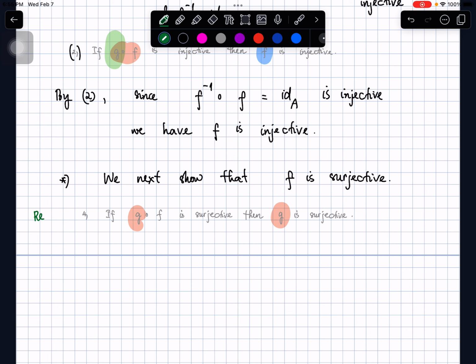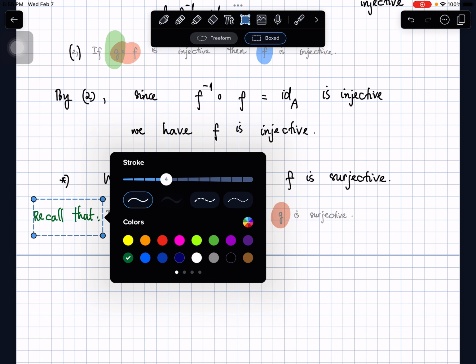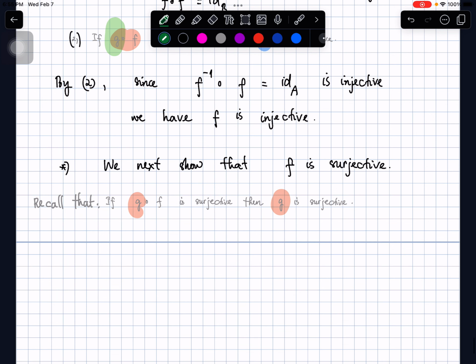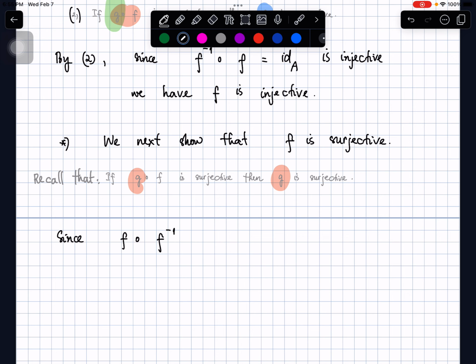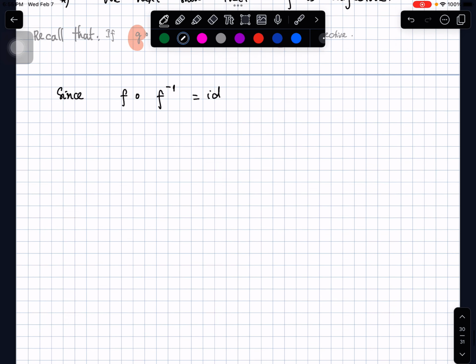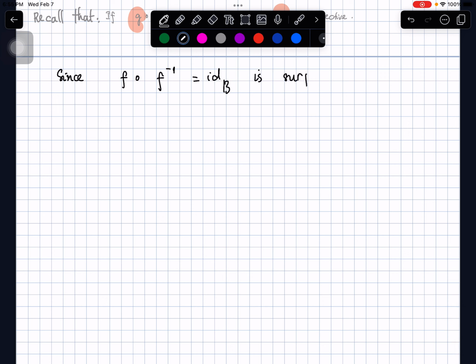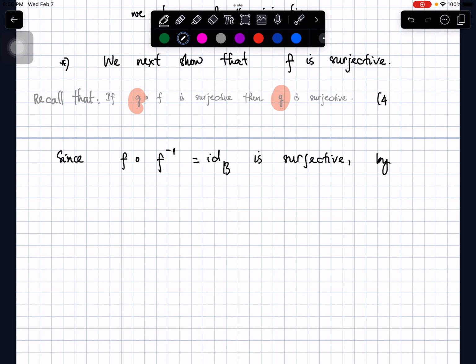So we recall that since f dot f inverse, the identity on B, is surjective by the theorem above, say theorem 4, we must have f is surjective.